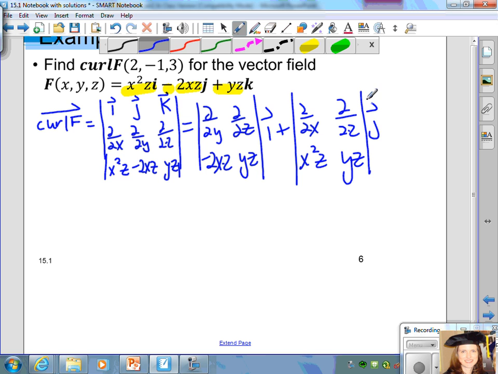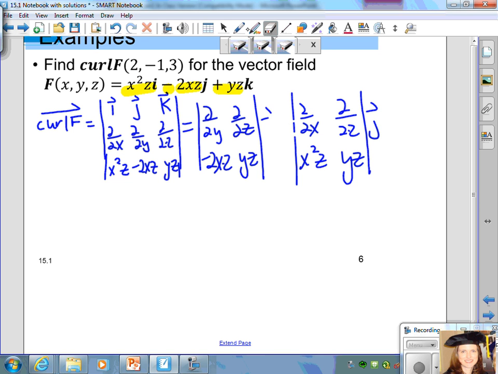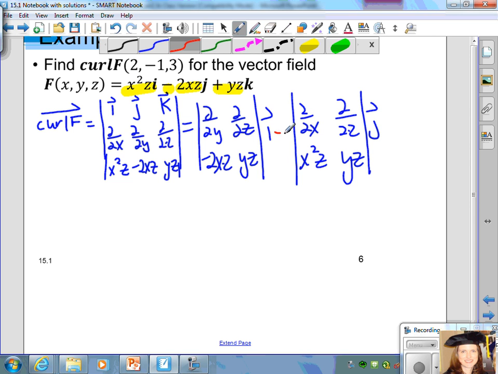That's your j column. I do want to point out here that this really should be a minus. Let me erase that. There.